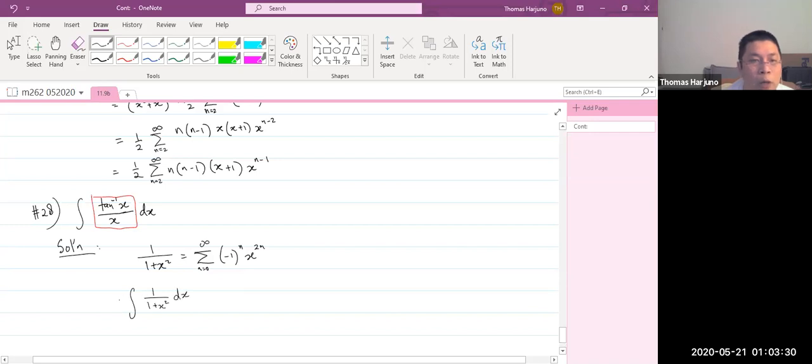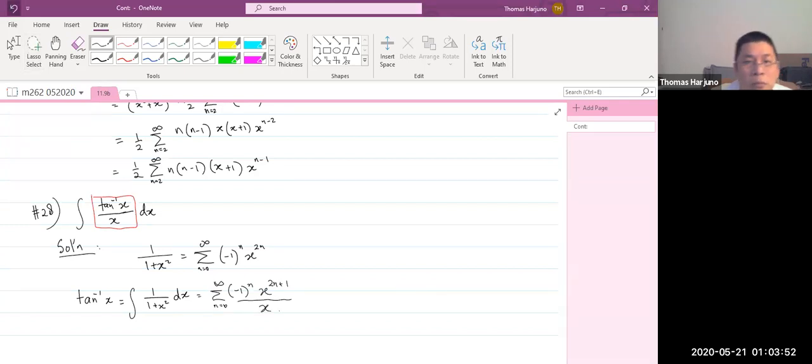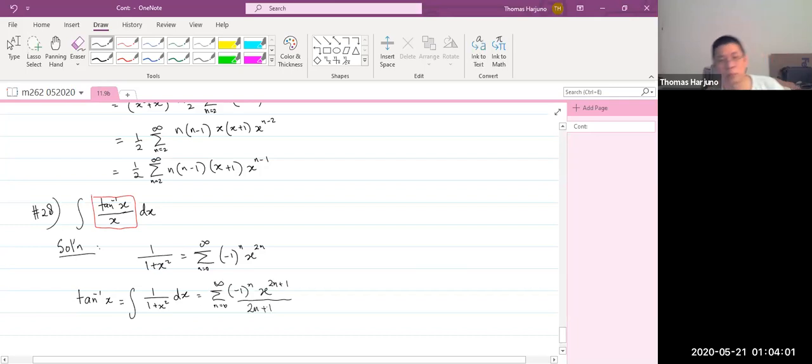If you memorize that, that would be a lot better. So this will be the alternating series x to the 2n plus 1 over 2n plus 1.